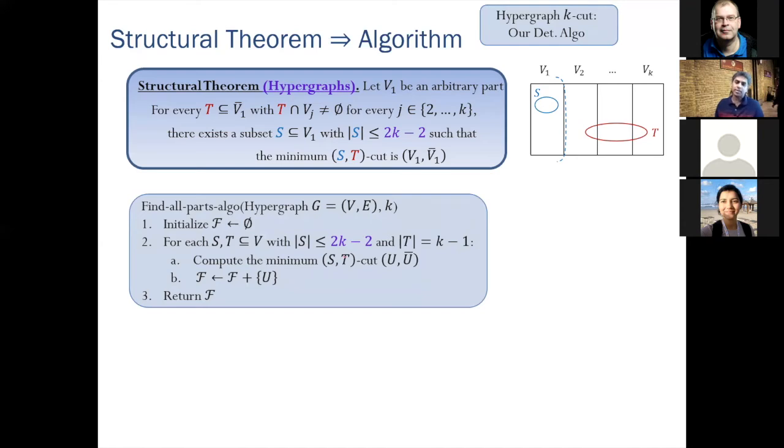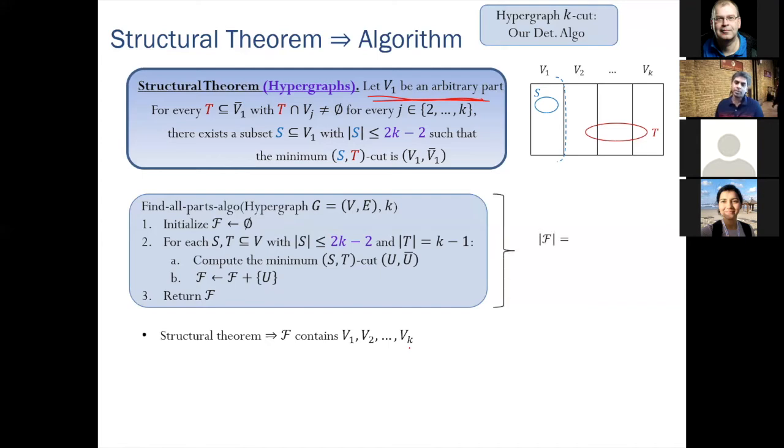For each subset S of at most 2K minus 2 vertices and each subset T of K minus 1 vertices, we compute the minimum ST cut and add the source side to the family. By the structural theorem, the family F contains V1, but the structural theorem holds for any part of the optimum K partition. So it also implies that the family F contains any part of the optimum K partition. So it contains V2 through Vk as well.